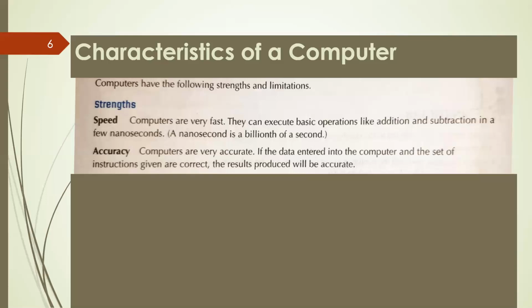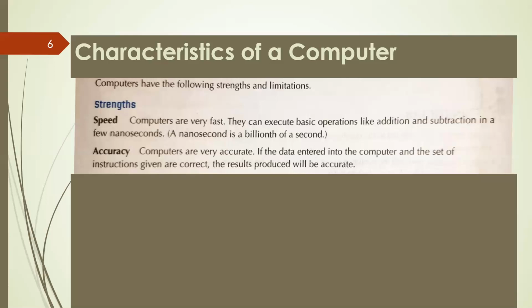The computer cannot calculate by itself unless and until the user gives the instructions. When the user gives the instructions, the computer will calculate accordingly. If the instruction is correct, surely the correct output will come.